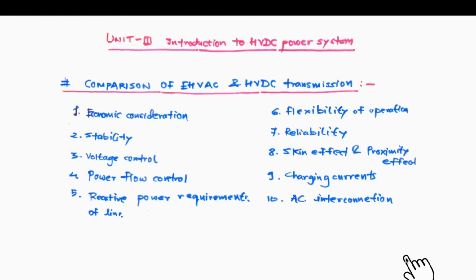Because power transmission simply eliminates the need to take into consideration the line inductance and capacitance, since the power transmission takes place through a DC mode. Naturally, the inductance and capacitance will not affect the power handling capacity, and this gives an upper hand to HVDC.